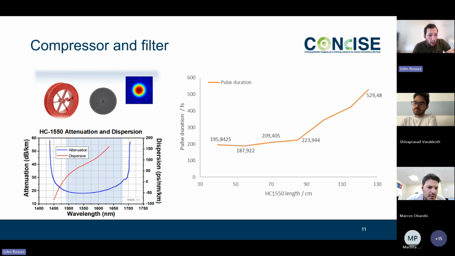No, this intersection is just the red curve is about the dispersion, that you can read on the right. And the blue is the bandwidth of the hollow core, because the hollow core can't guide all the wavelengths, just a few bands inside. It doesn't work like a normal fiber optic.